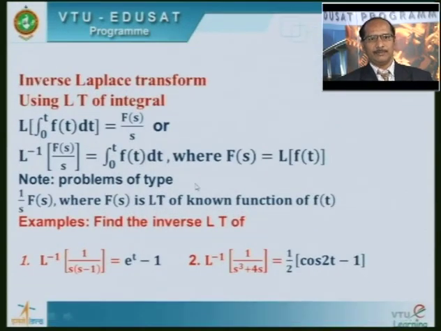So, coming to another type of method: inverse Laplace transform using the Laplace transform of integrals.